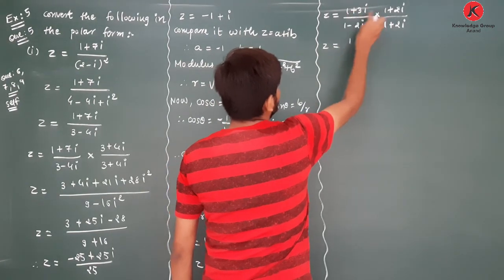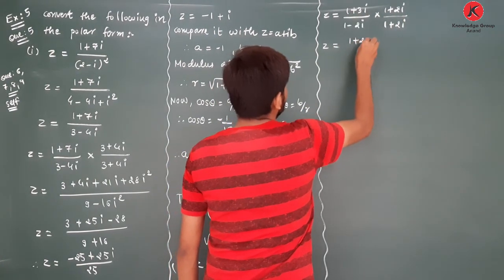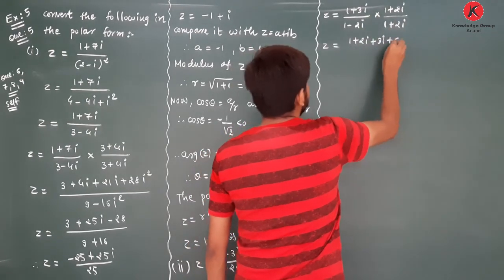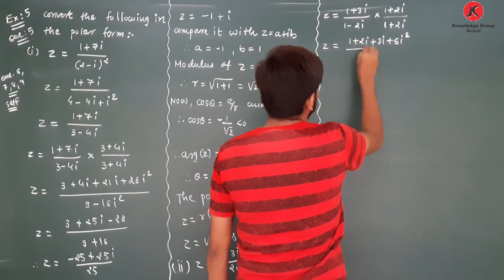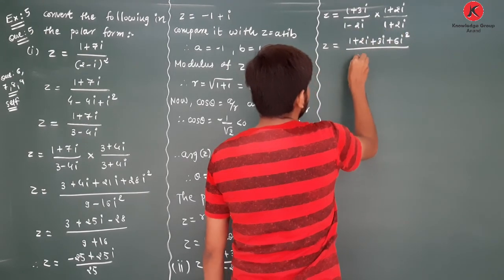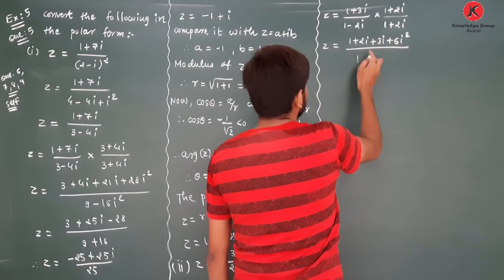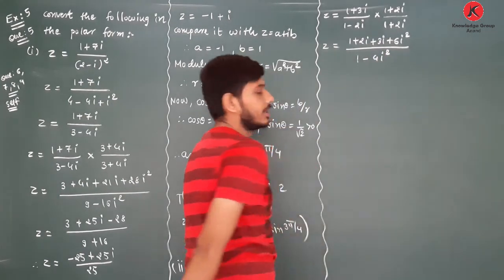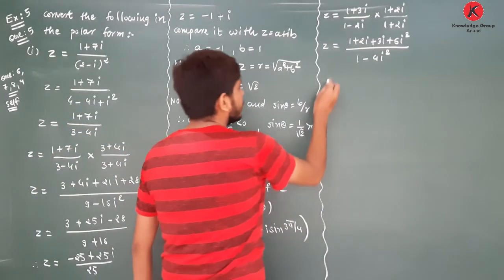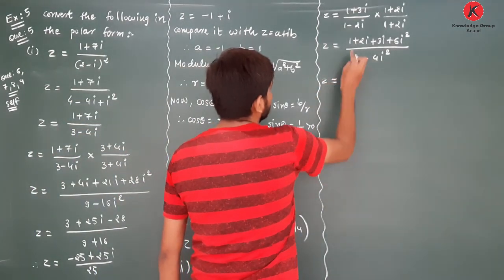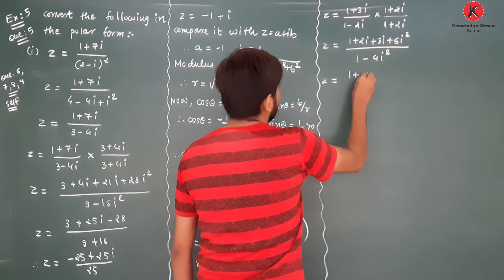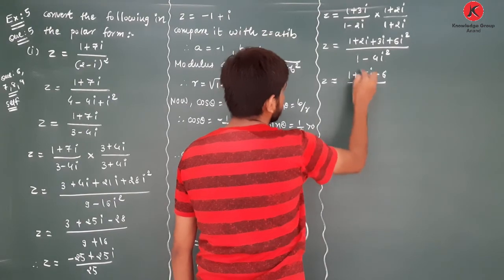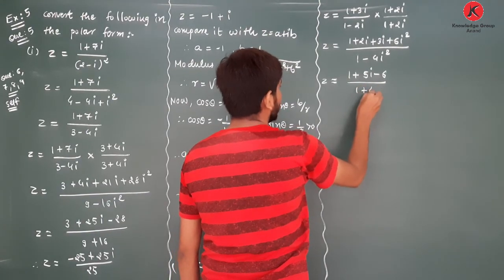1 ones are 1, plus 2i, plus 3i, plus 3 twos are 6i square, divided by a plus b, a minus b: 1 square minus 4i square, a square minus b square. Z equals 1 plus 5i minus 6, since i square is minus 1, divided by 1 plus 4.